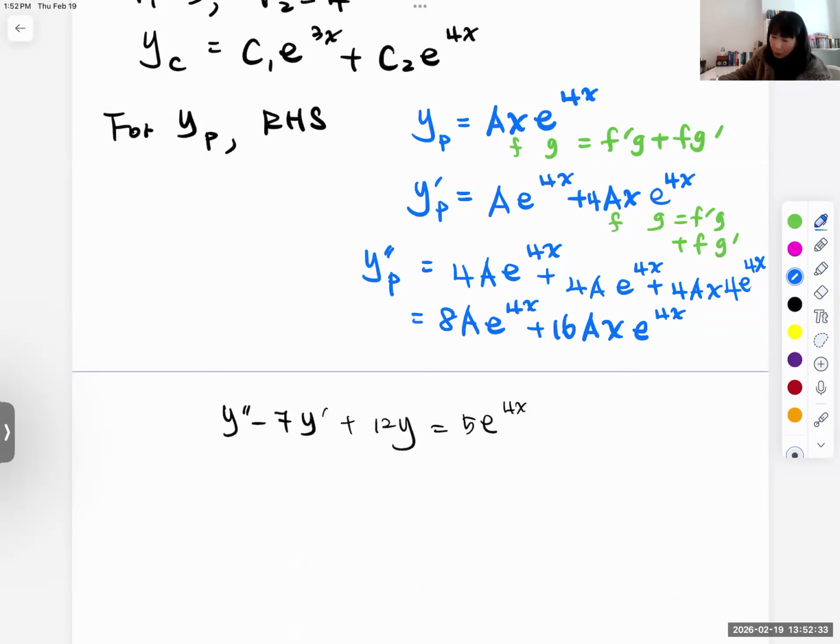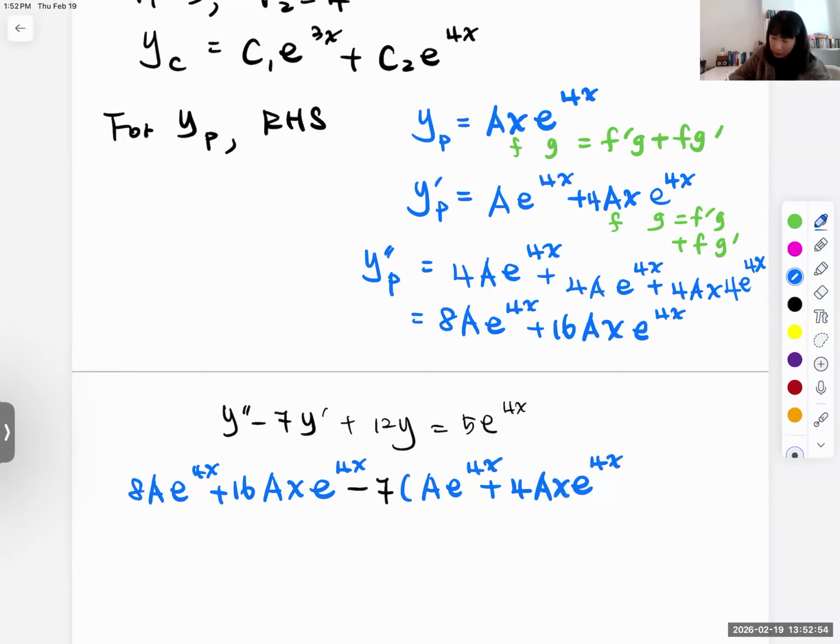So y double prime, we get 8a e to the 4x plus 16ax e to the 4x minus 7 y prime, a e to the 4x plus 4ax e to the 4x, and handwriting is big, right?